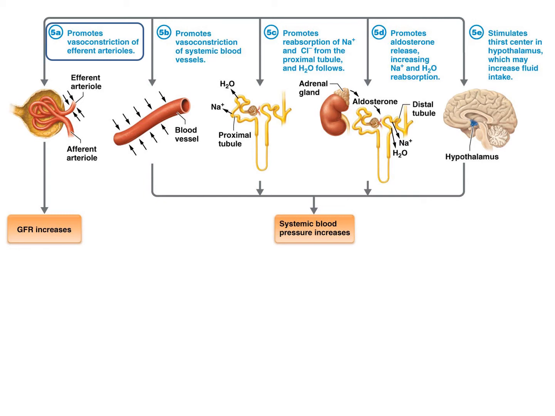It will promote aldosterone release, increasing sodium and water absorption, and will stimulate the thirst center of the hypothalamus, which may increase fluid intake. And all these will collectively increase systemic blood pressure. And as a side product, it will also increase GFR.